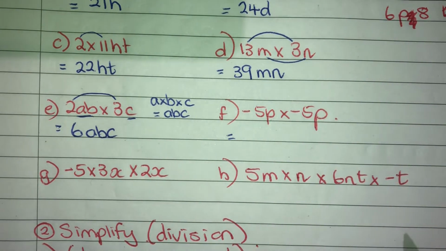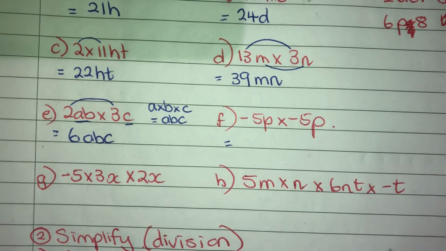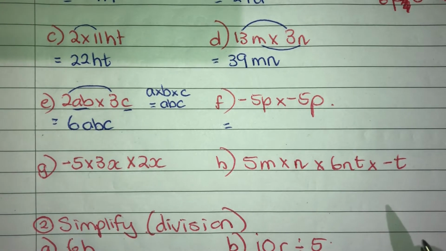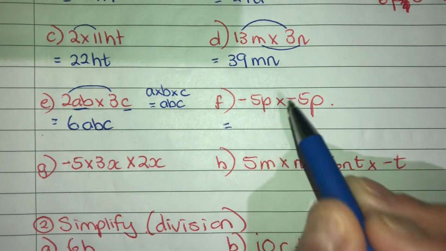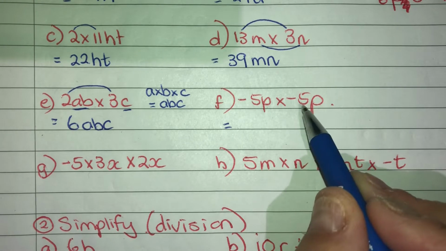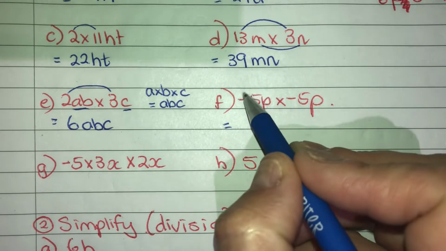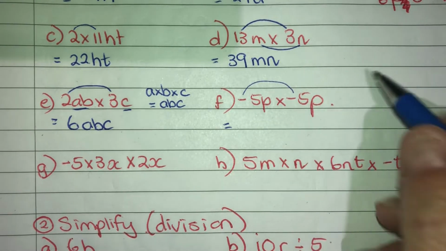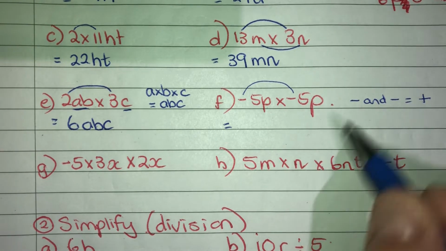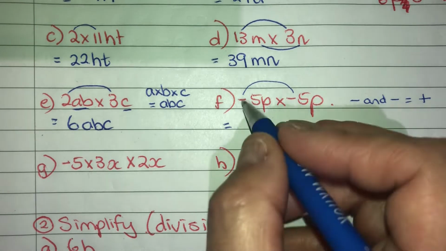Okay, one of the exercises, of course, as the pattern does go, mixes in our negative and positive values. So let's do that separately as well. So you're going to do negative, positive values, then you're going to do the numbers, and then you're going to do the pronumerals. So we're going to go a minus and a minus, and we know that 2 of the same is a plus.